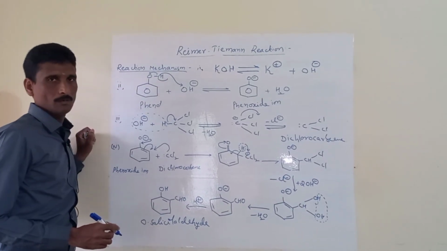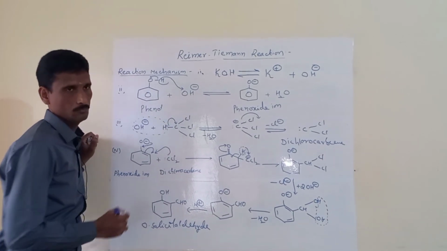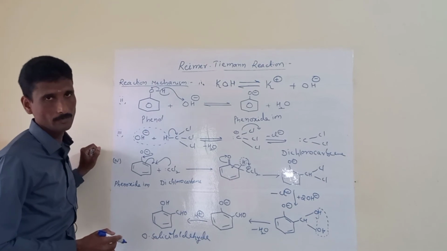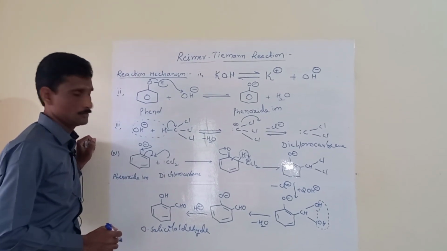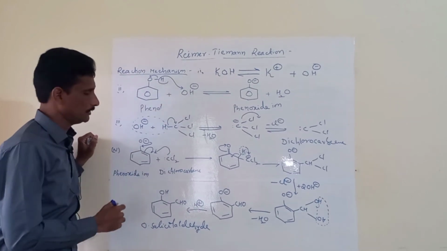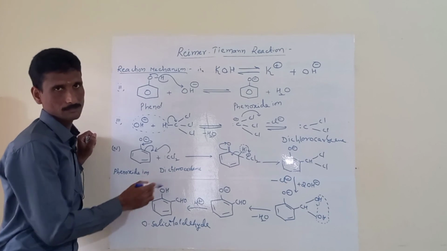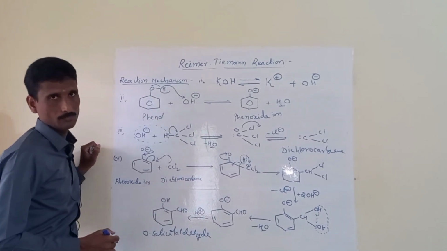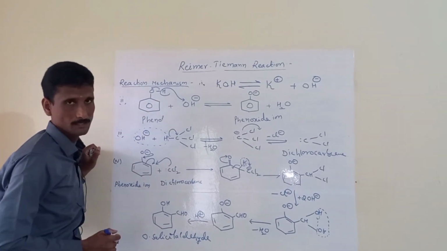So in the Reimer-Tiemann reaction, the major product is ortho-salicylaldehyde, with a very minor product, para-salicylaldehyde. Why is ortho-salicylaldehyde formed as the major product? In ortho-salicylaldehyde, an intramolecular hydrogen bond is present, so that's why it is a stable compound.